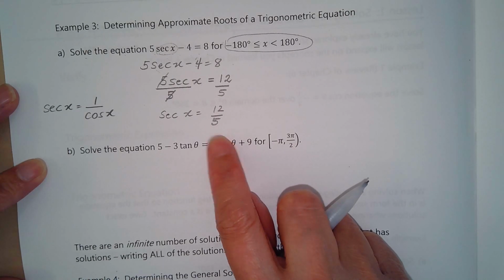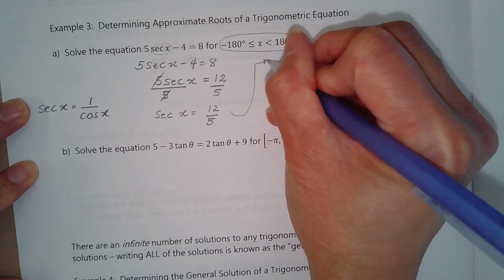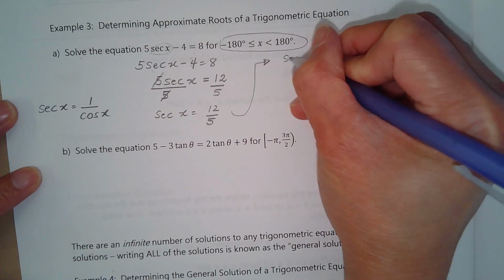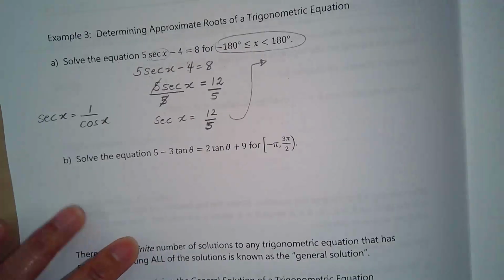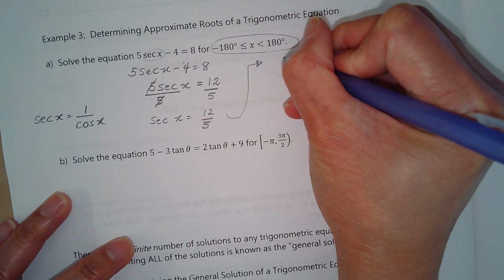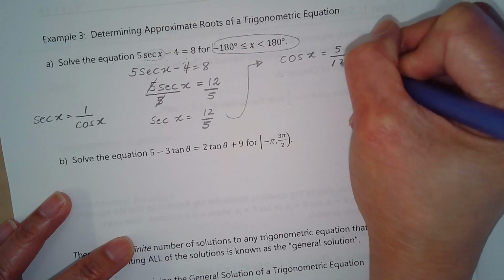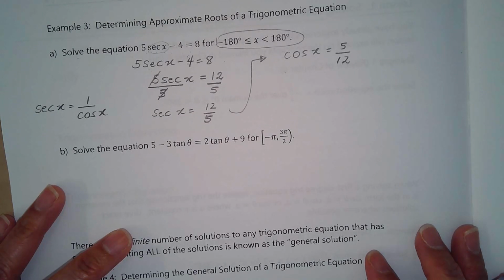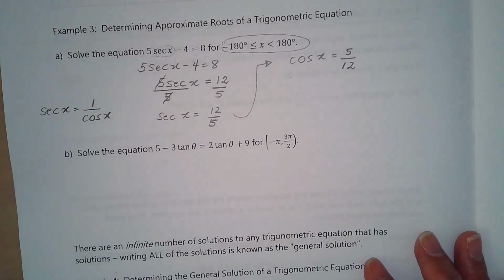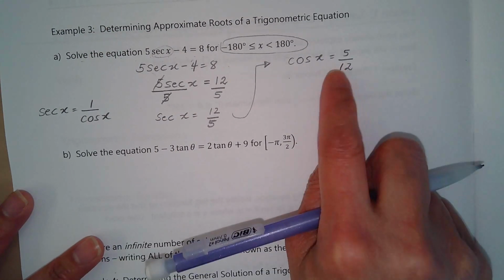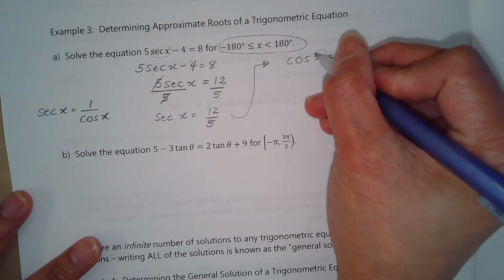Secant is just the reciprocal of cos, so cos of x equals 5 over 12. We recognize this piece.